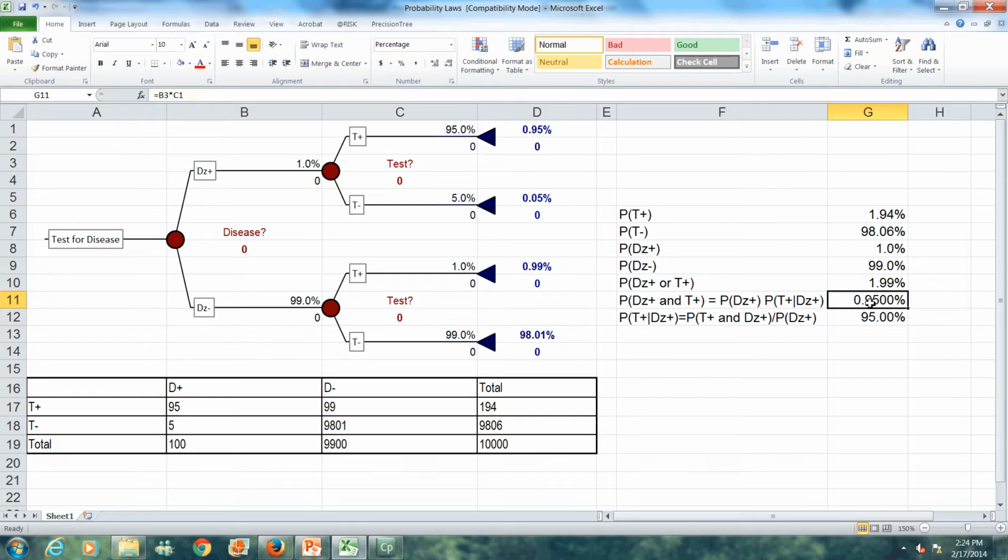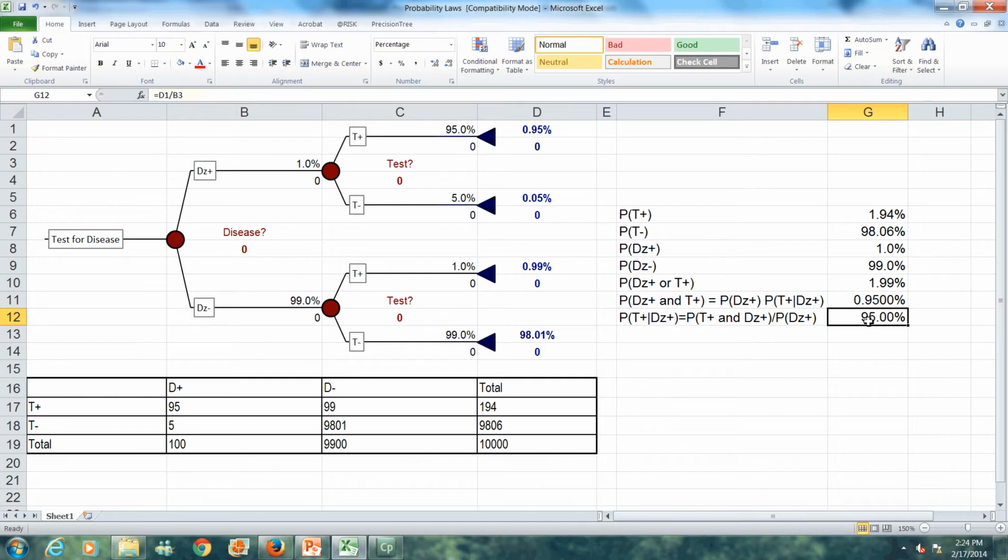The last thing we're going to do with this model is take a look at how you would get a conditional probability. Specifically, the probability that you test positive given that you are disease positive. Now this is easy. We can just read it off right here. That is the value, 95%. But let's look at how we would do this if we just had numbers.